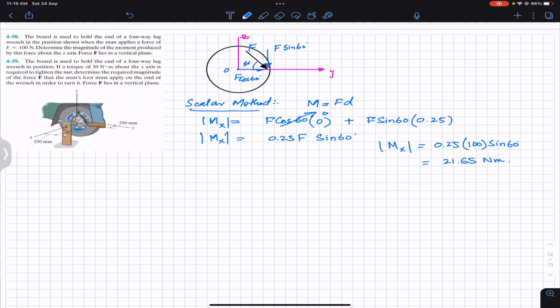So this is the solution of the problem by using the scalar method. Now we will use the vector method as well. So, vector method.